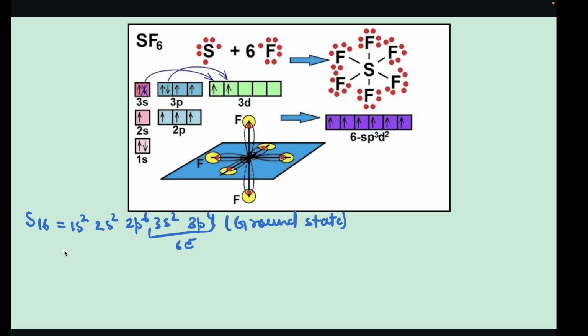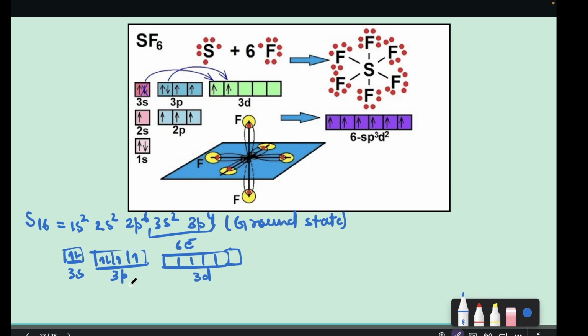So it is like 3s which has 2 electrons, 3p has 4 electrons and 3d. In 3d orbital there is no electron. These are empty.